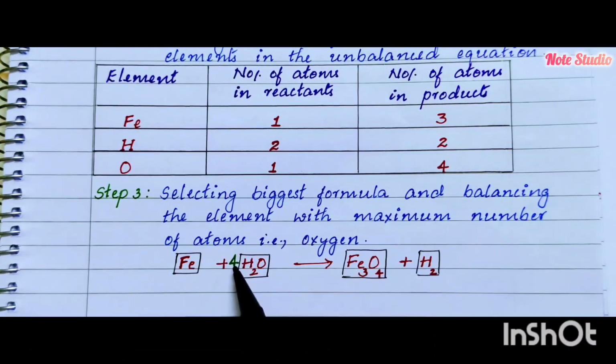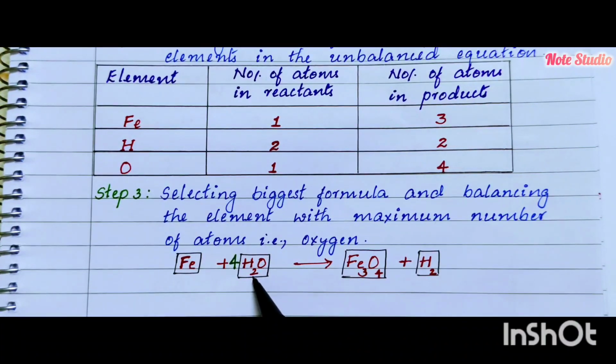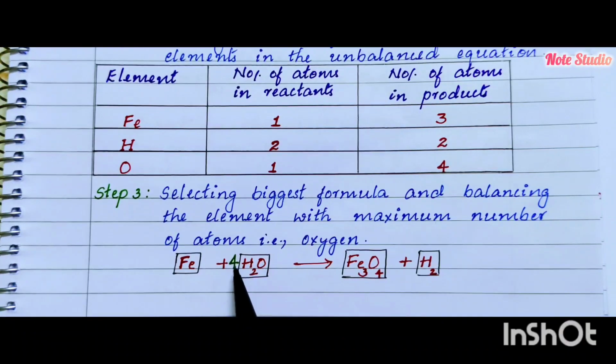Clear? So the 4 is now for both of them. It is not only for oxygen, it is also for hydrogen. Now for hydrogen, because of adding just this 4 here, we have to multiply it, 4 into 2.